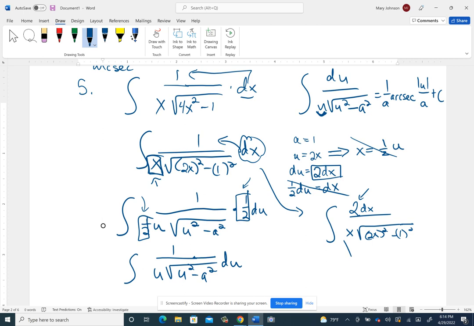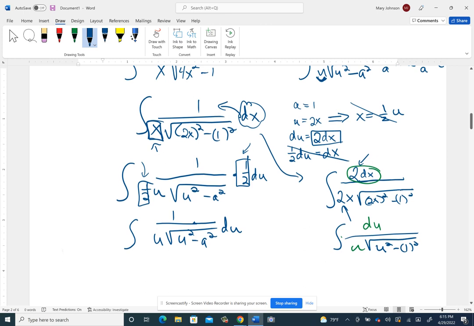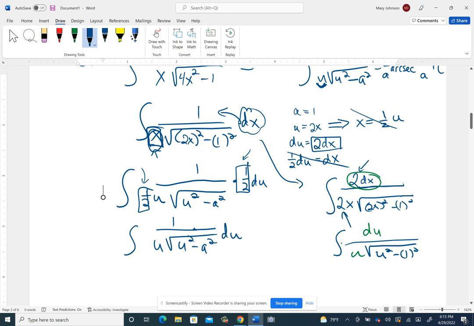But if I do that, I would have to multiply the denominator by 2. Otherwise, I've changed the problem. And then this is very convenient, isn't it? Because then this piece is really du. And right here, I really have a u. And then I've got the rest of the stuff that I already understood, which is that this would be u squared minus 1 squared. So that's another way to resolve the issue of having that x right there.